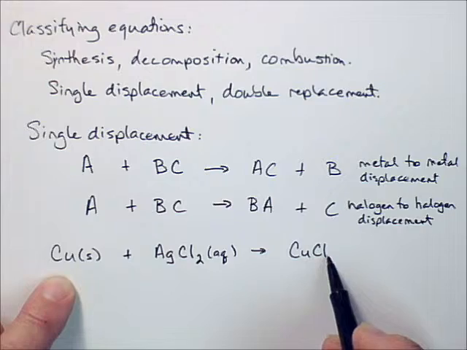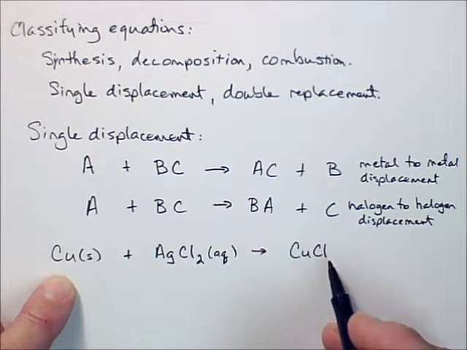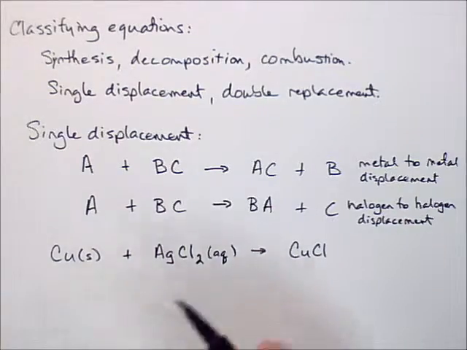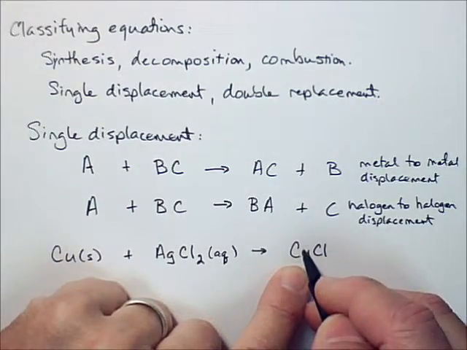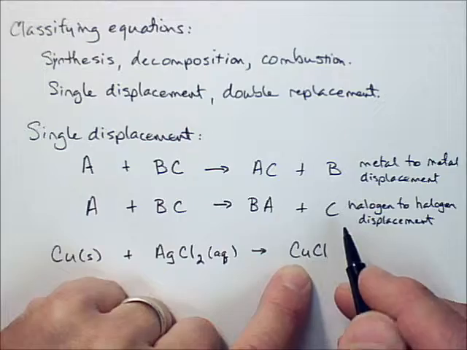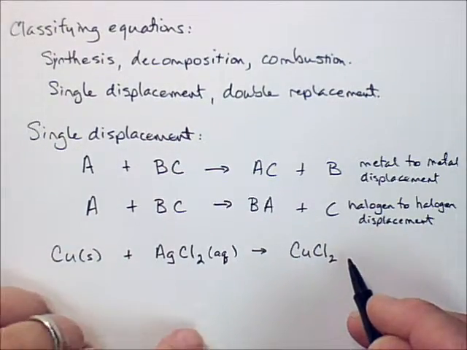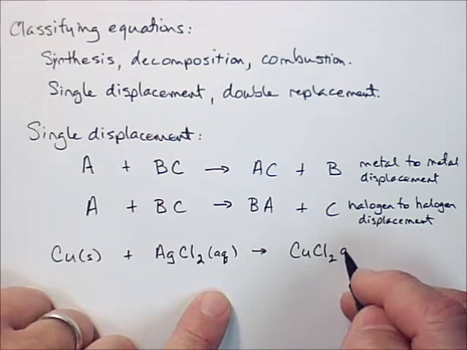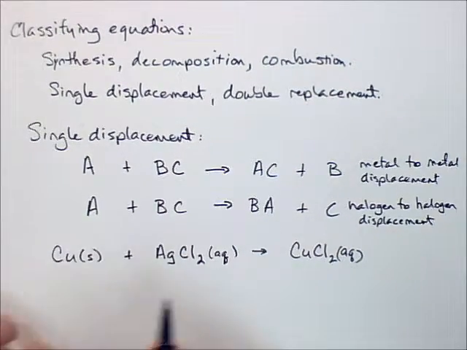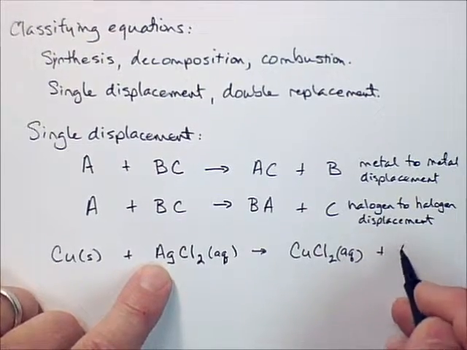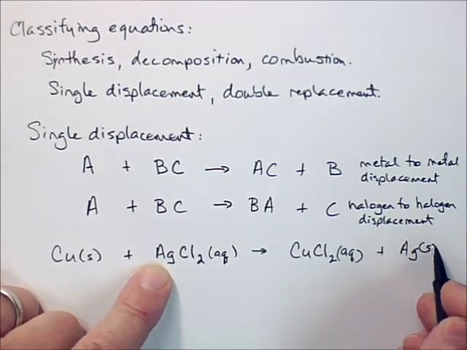We don't know for sure how many chlorines we need until we balance it, but I'm going to go ahead and give you the formula. Copper here is going to be copper 2. That means it has a 2 plus charge, and we need 2 chlorines to balance that out. Copper 2 is also aqueous, and since copper displaced the silver, silver now is by itself.